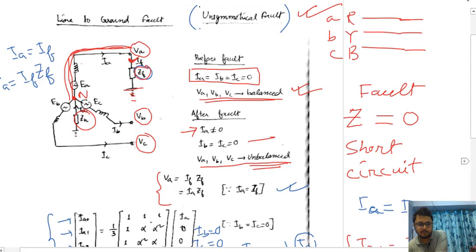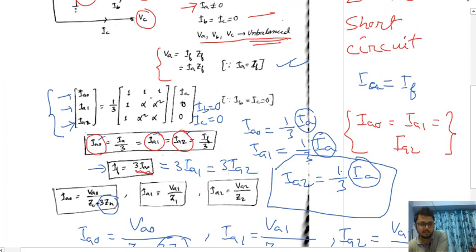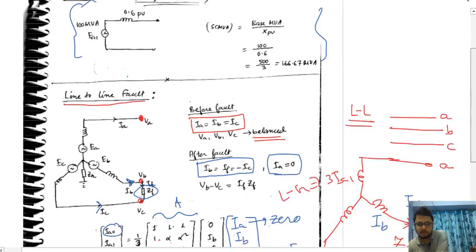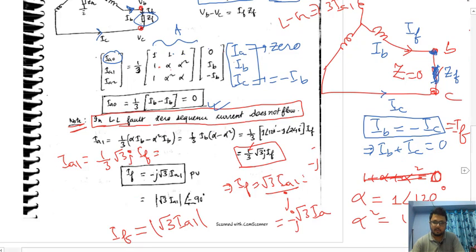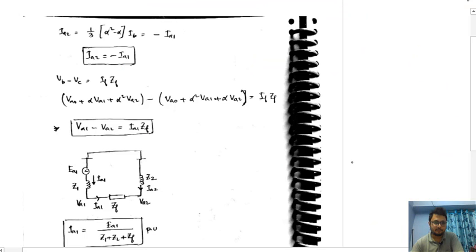Last class we have done. Fault current we got 3 times IA0, or IA1 or IA2. Here IA1, IA0 and IA2 are equal, but in case of double line fault, IA0 is 0. Only positive sequence and negative sequence currents are there. Is it clear? Okay. Next.